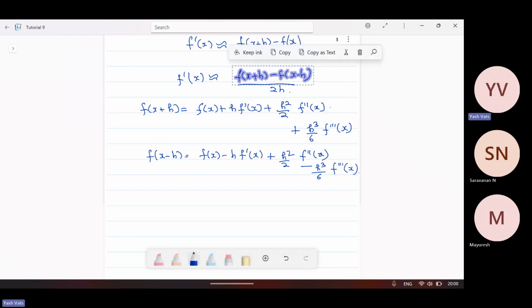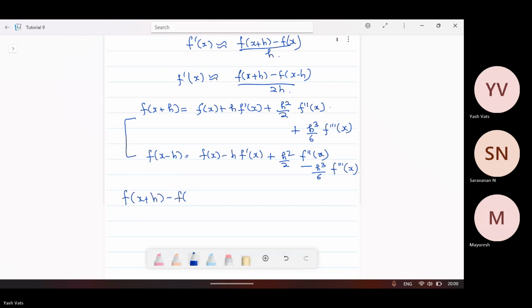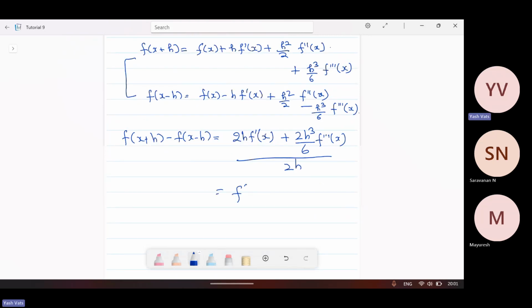f(x + h) minus f(x minus h). Once you subtract both, you get 2h f prime x, and this becomes plus 2h cubed by 6 f triple prime, divided by 2h, right? So you get f prime x plus h square by 6 f triple prime.